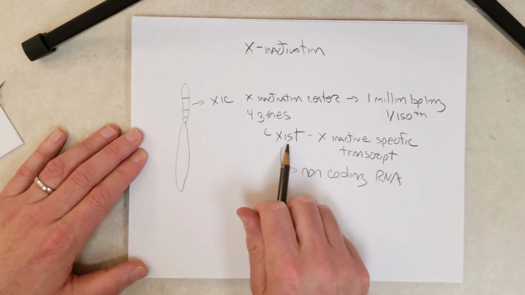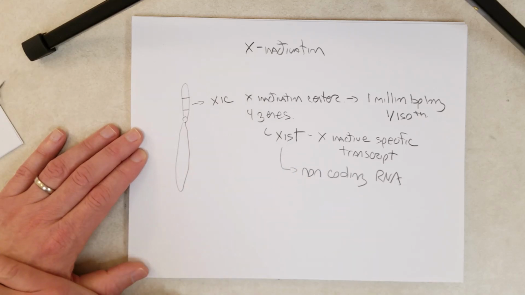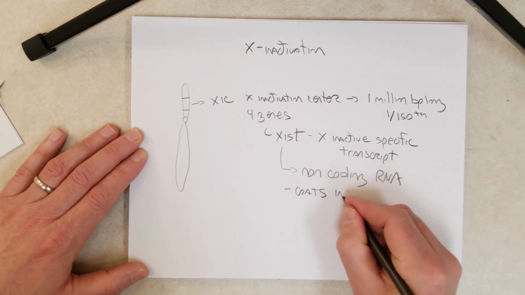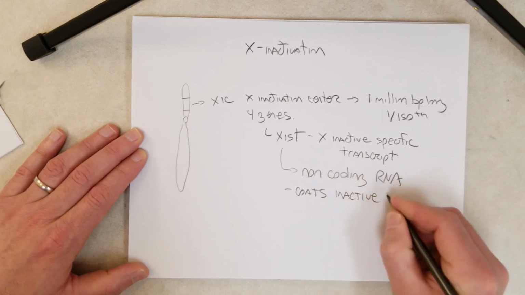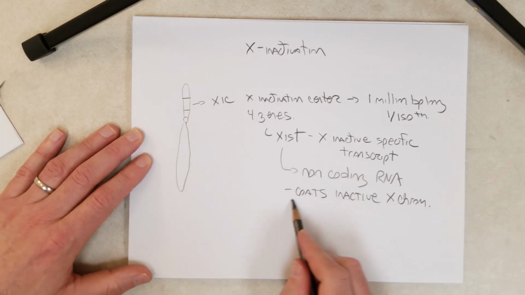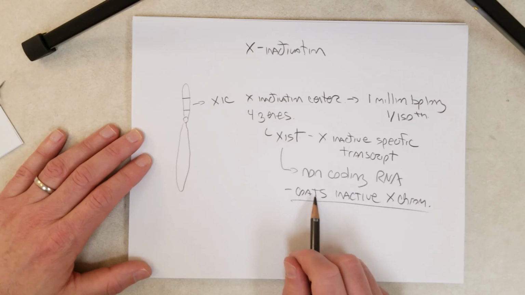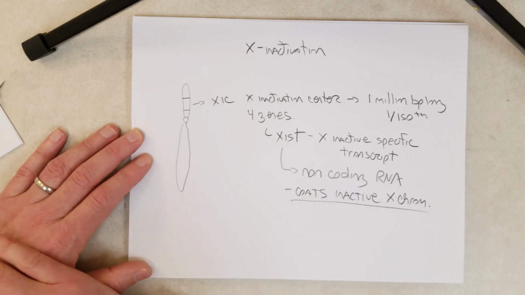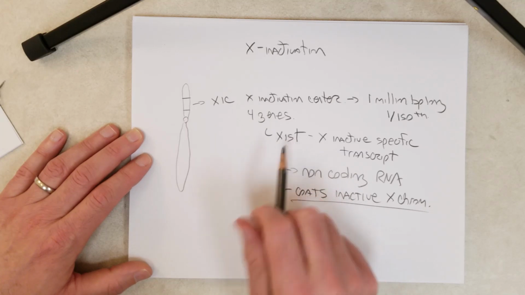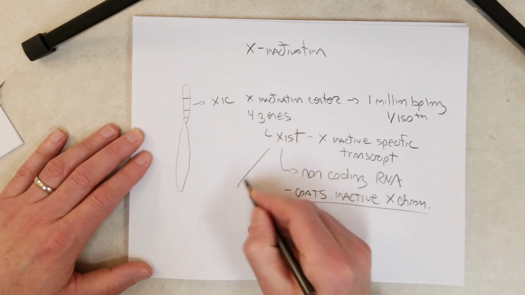It doesn't hold the code for a protein. So it's a non-coding RNA. And what it does is it coats the inactive X chromosome. So that chromosome in the Barr body, it coats it. Now, why that coating is part of the inactivation process, we don't know. But XIST must continually be transcribed from the inactive chromosome.